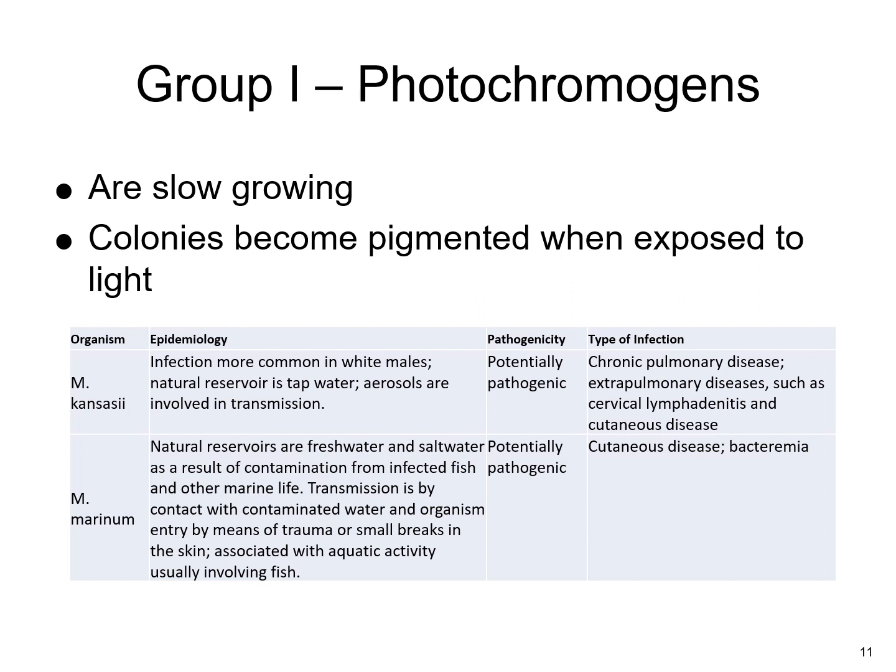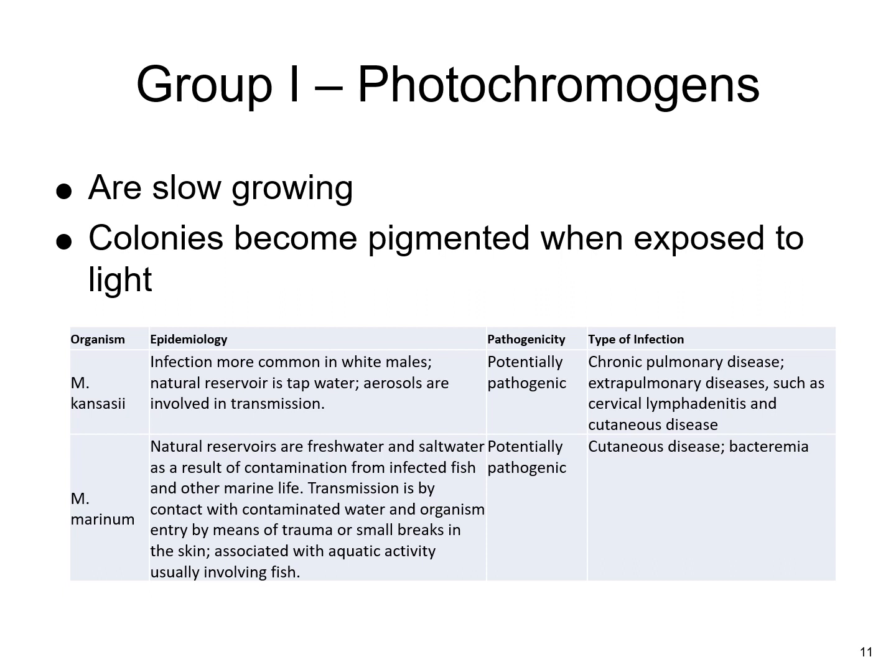And so these infections typically are found in natural reservoirs or tap water, and they can also spread via aerosols. With these organisms, they do cause chronic pulmonary diseases, extrapulmonary diseases such as cervical lymphadenitis, and cutaneous diseases.